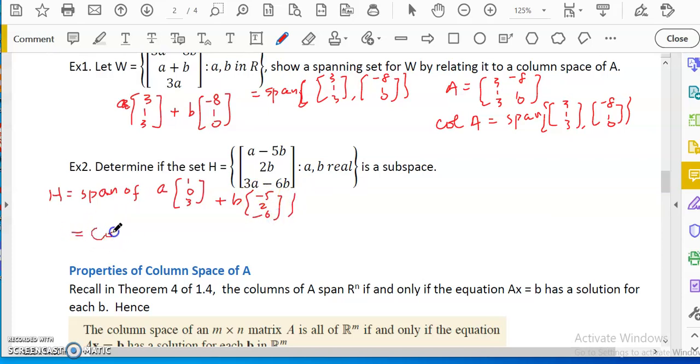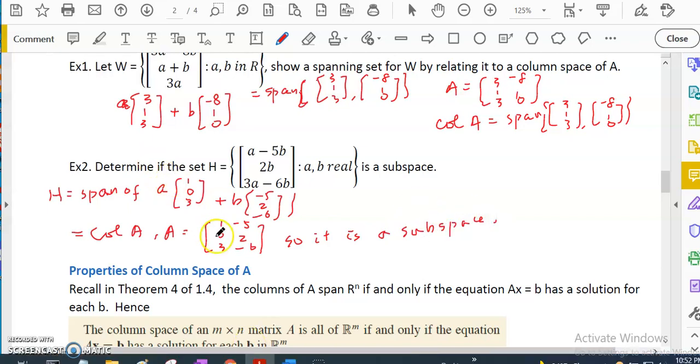It's actually equal to Col A, where A is the matrix with columns (1, 0, 3) and (-5, 2, -6). So it is a subspace. Col A must be a subspace.